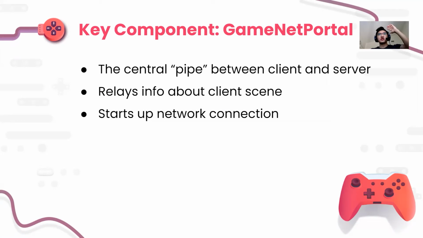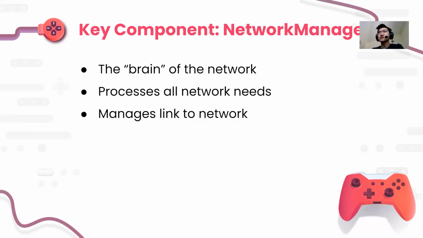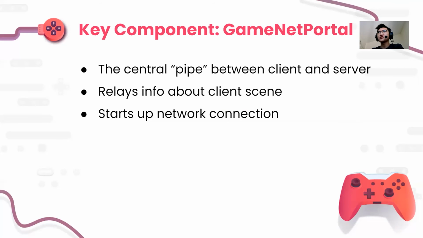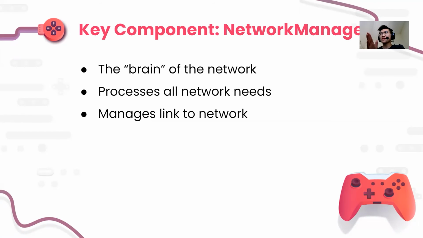So whenever the client has some information about, like, what scene it's on, it sends it through the GameNet portal, which then sends it through to the server, and the server can register that information. But it's a little tricky to understand by itself, so I'm just going to go right into the next one, and we'll recap from there.